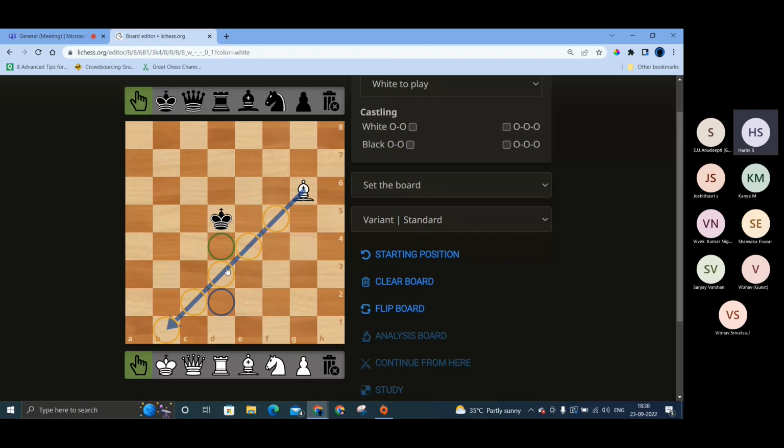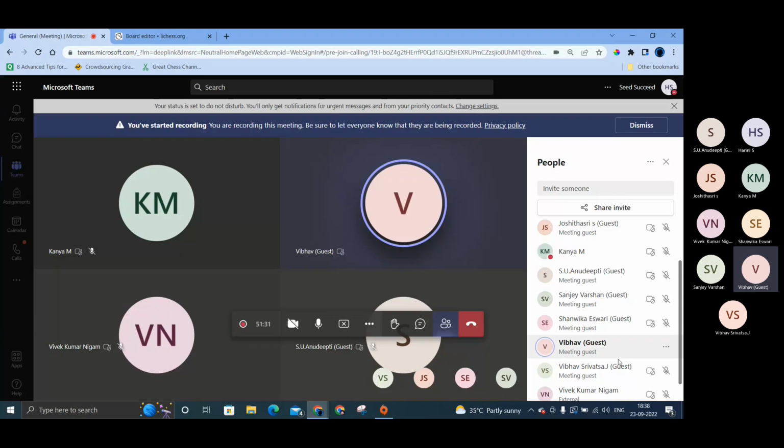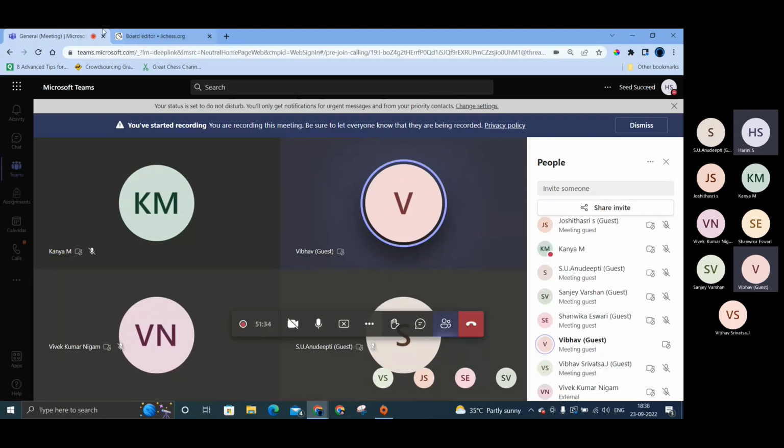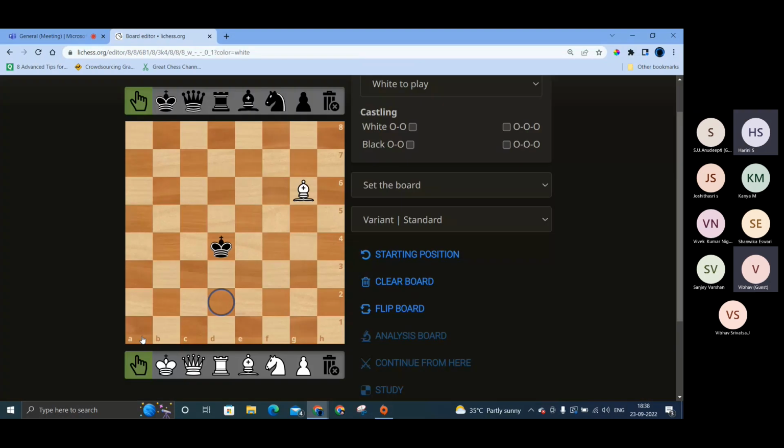So you have to omit all these squares, even if it is on the way, because the bishop is still controlling them. Now the king has moved here. It has to move here. So the king has to go here.